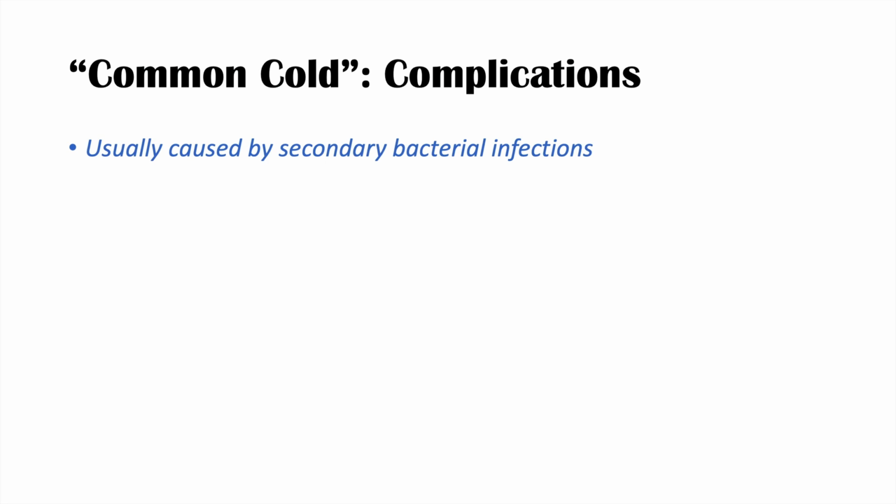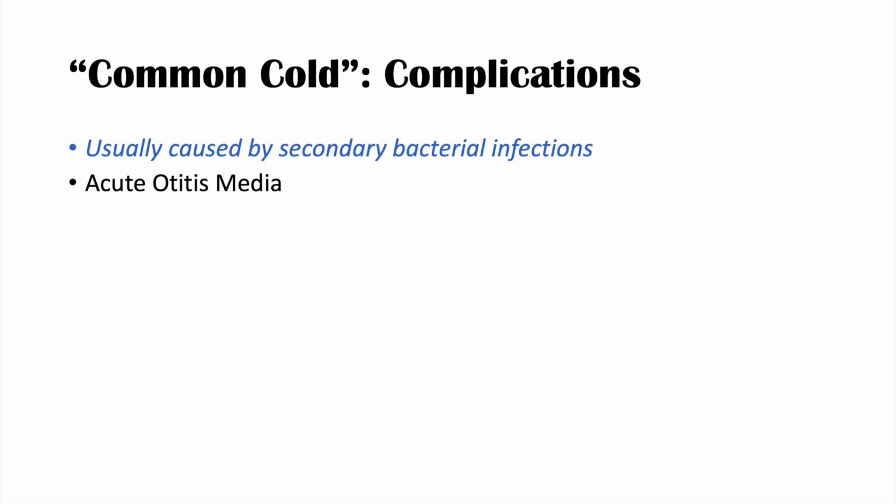So now that we know the signs and symptoms of the common cold, what are some of the complications of getting the common cold? Some of the complications are usually due to a secondary bacterial infection. So the common cold is due to a viral infection, and then it can suppress our immune system, it can cause us to be more susceptible to becoming secondarily infected with a bacteria.